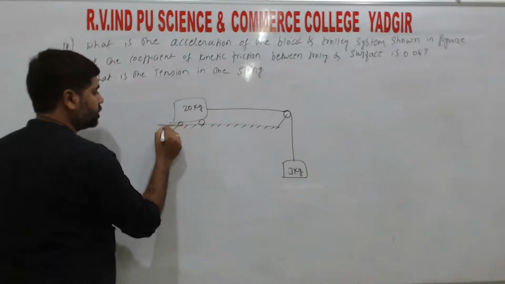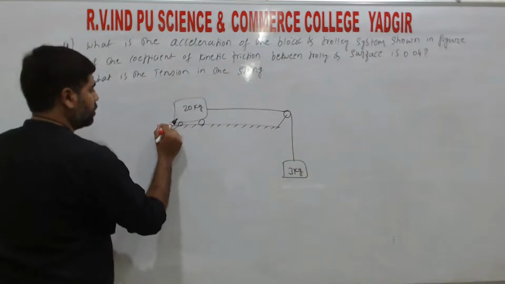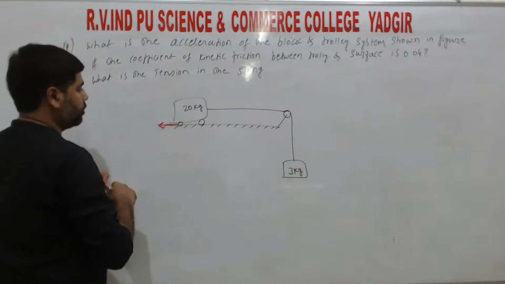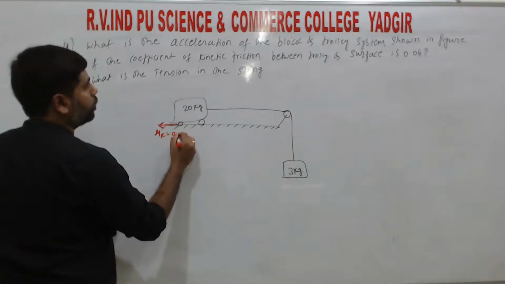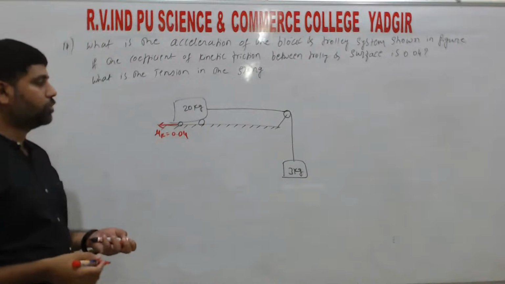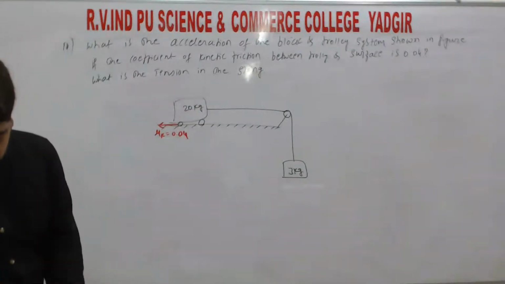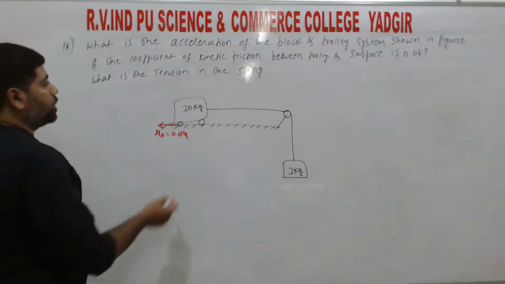So kinetic friction mu k is equal to 0.04, right? So what is the tension in the string?